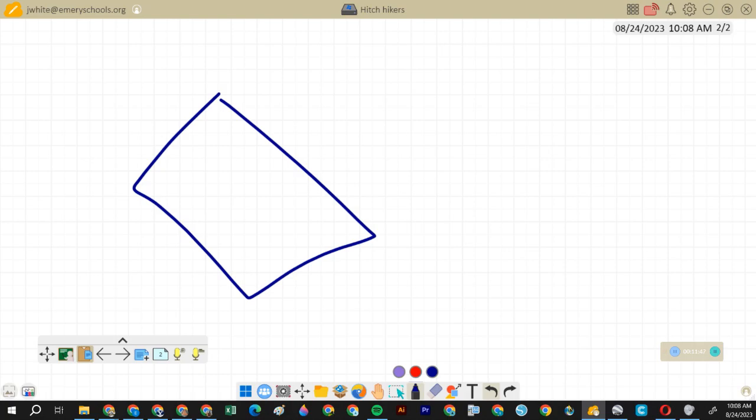Anybody know? Well, what if I split it into triangles? Okay. What is this angle plus this angle plus that angle? 180. So the sum of the angles in the triangle is 180.